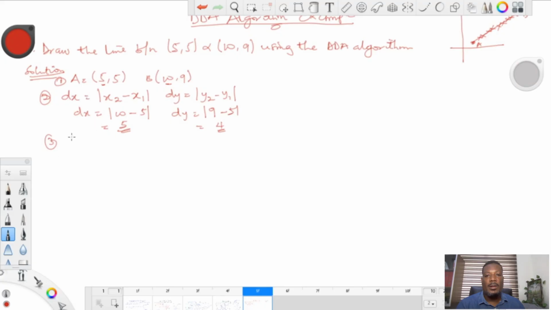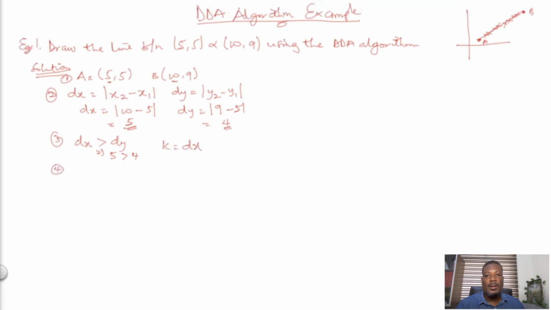We have dx, of course, greater than dy, the reason being that dx, which is 5, is greater than dy, which is 4. So in this case, k will be represented as dx. So now we know that k is equal to dx, and dx, as we have already seen in step 2, is equal to 5.